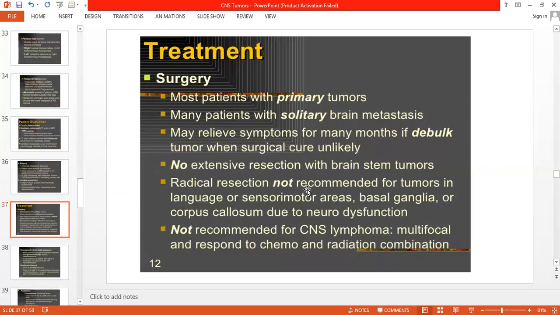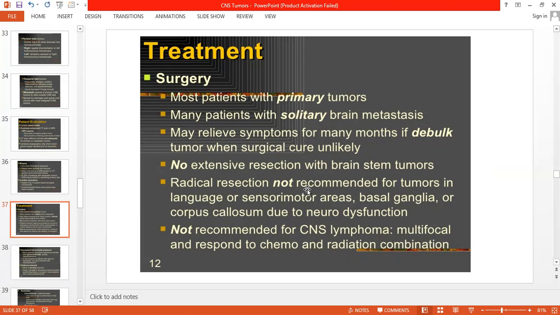And secondly, the benefit of debulking the tumor will be, first of course, to confirm your diagnosis. Number one, debulking. Number two, obtaining a histopathological diagnosis. You debulk the brain, and you achieve the histopathological confirmation of the tumor, which is important for the next strategy of treatment.